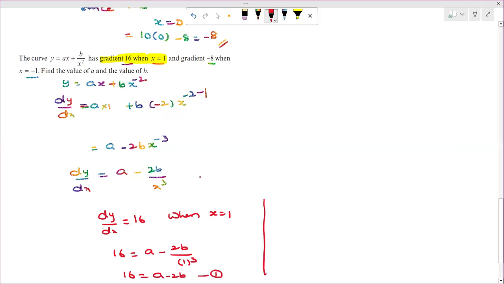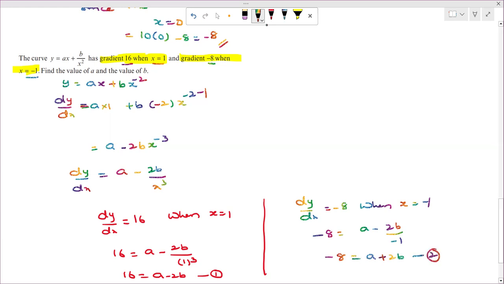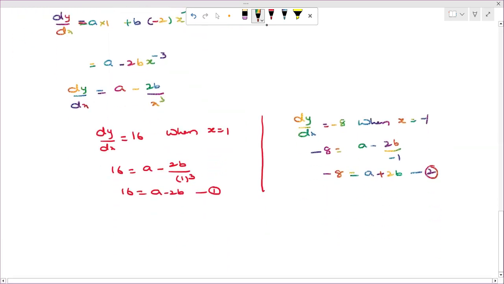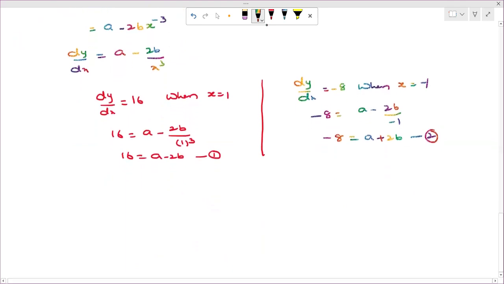Next, the second condition: gradient is minus 8 when x is equal to minus 1. Now substitute: minus 8 is equal to a minus 2b by minus 1 whole cube, which means minus 1. So minus 8 is equal to a plus 2b. Assume this is 2. Now you simplify these simultaneous equations, you will be getting the a and b values.